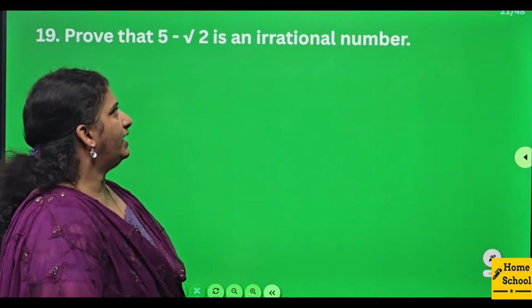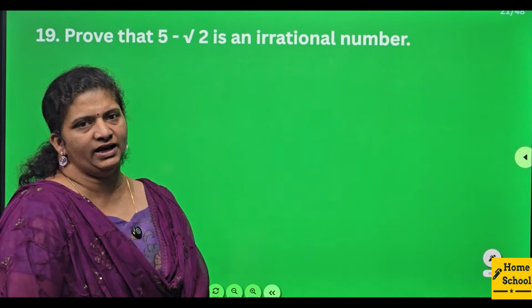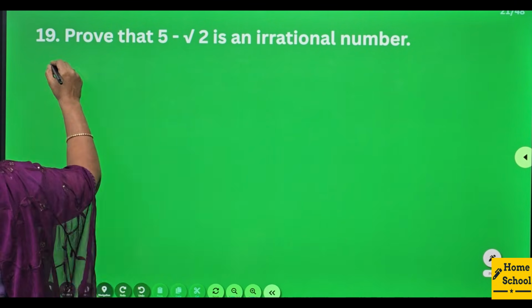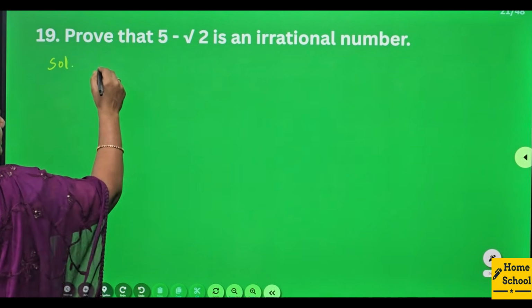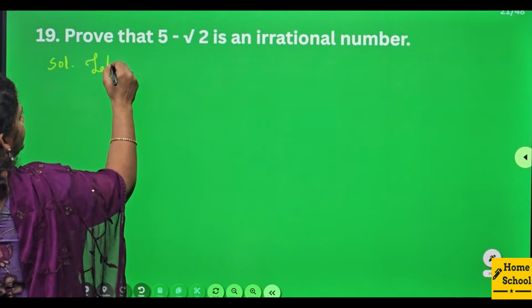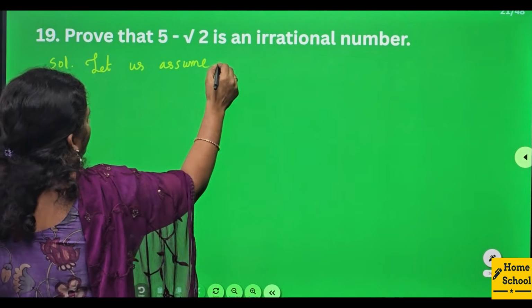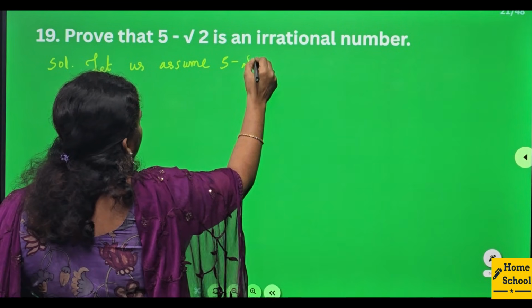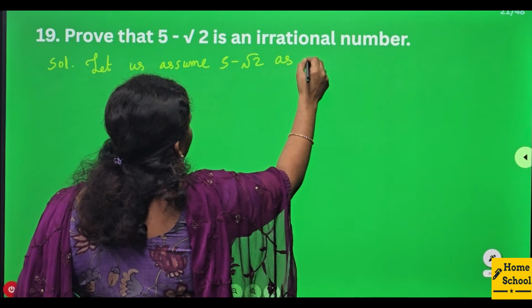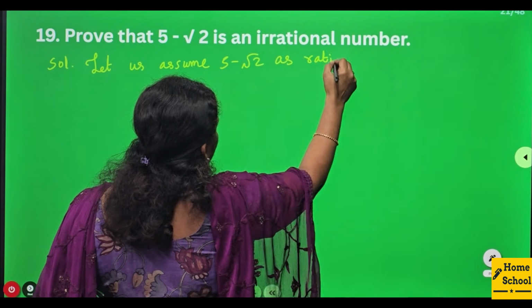19th one, prove that root 2 is an irrational number. First, let us assume 5 minus root 2 as a rational number.